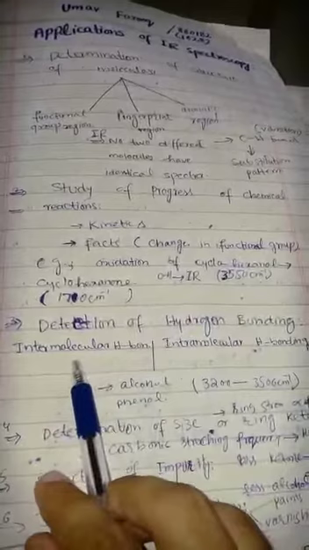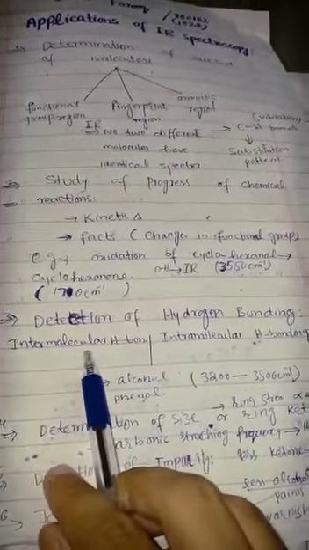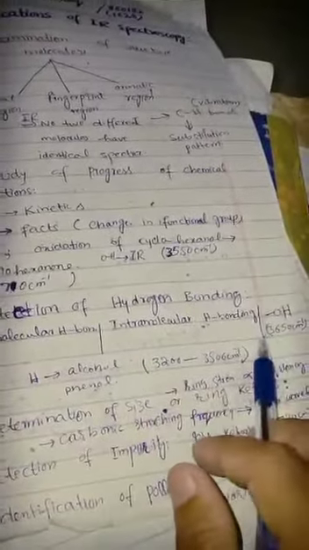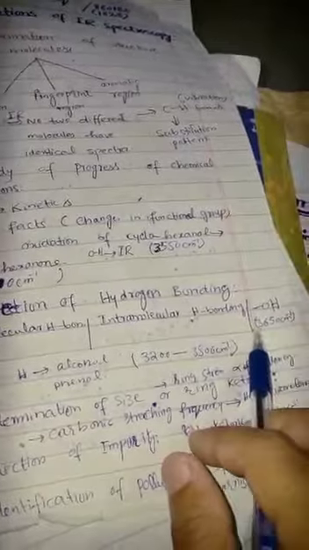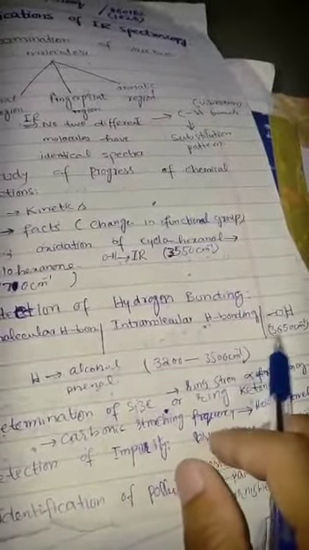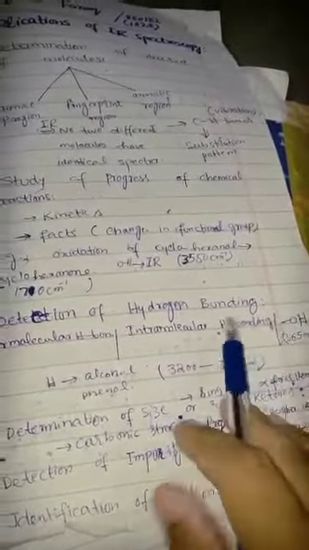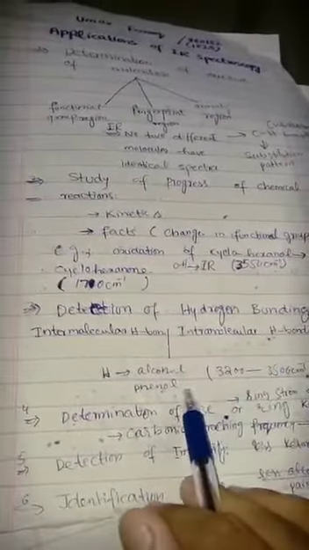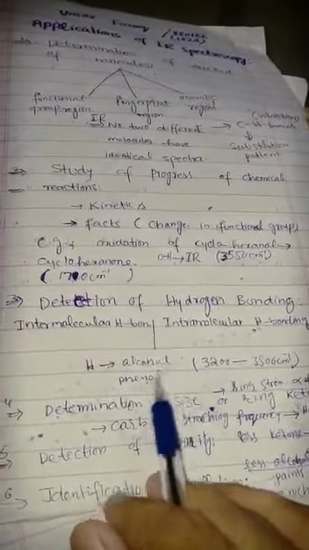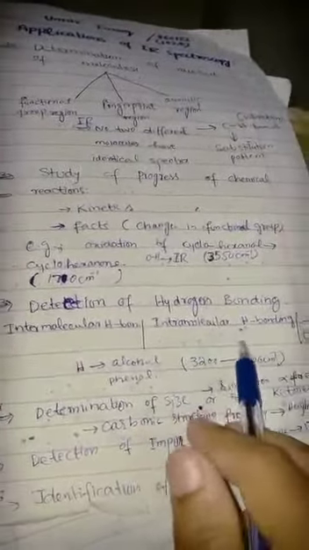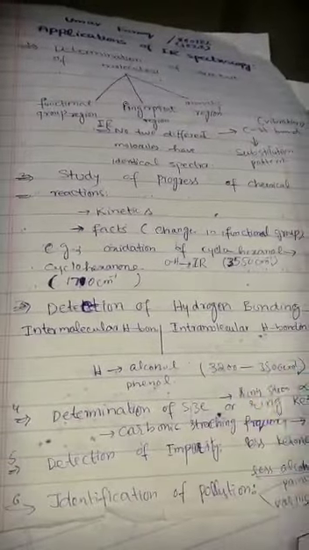The solvent takes place in between the molecules. So its frequency is very high, 3650 per centimeter. This becomes less for intramolecular hydrogen bonding, so we can differentiate between them.